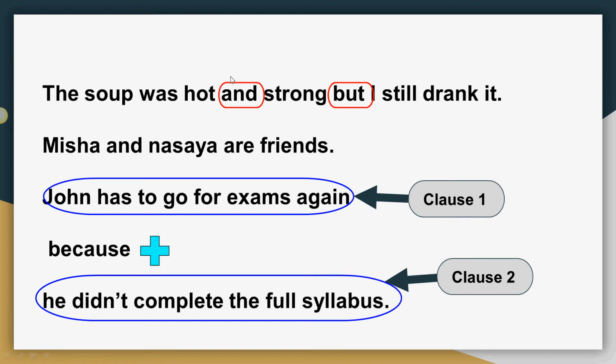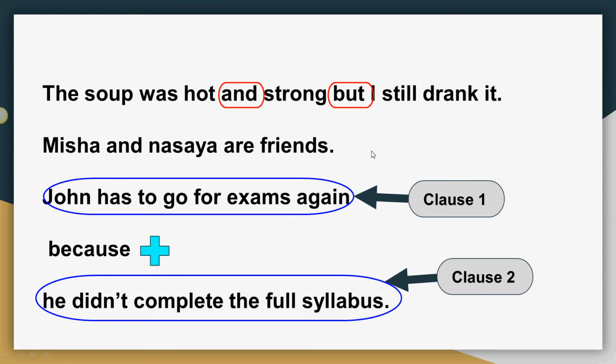So this and is joining soup was hot and strong. That means two properties of soup they are telling here in this sentence, and they are joining these two with the word and. But I still drank it. This sentence is joined with the first sentence using but.